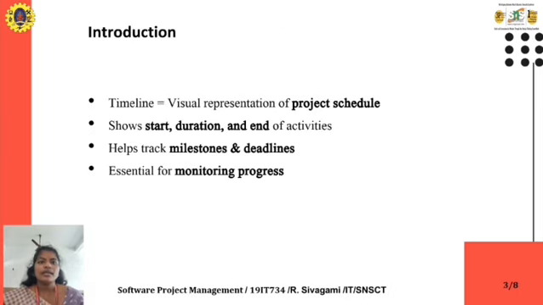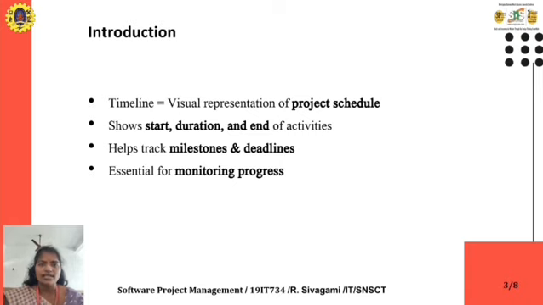First, the introduction: what do we mean by timeline? It is the visual representation of the project schedule. Project schedule means how much time we are going to spend on that project.